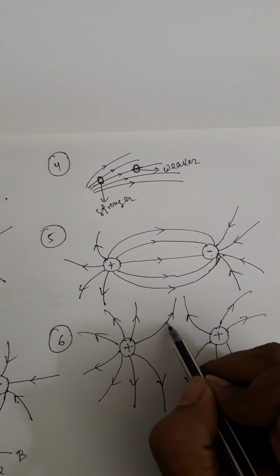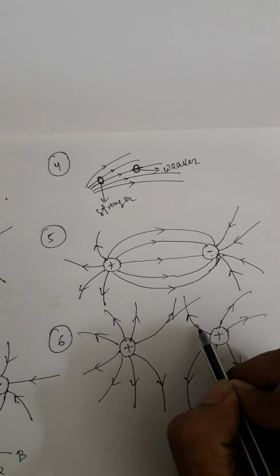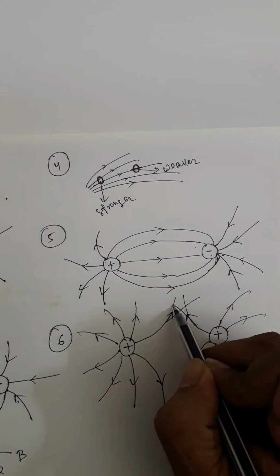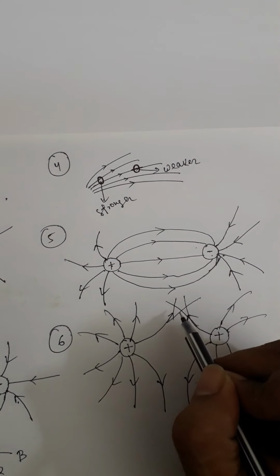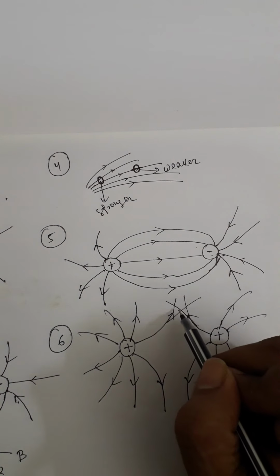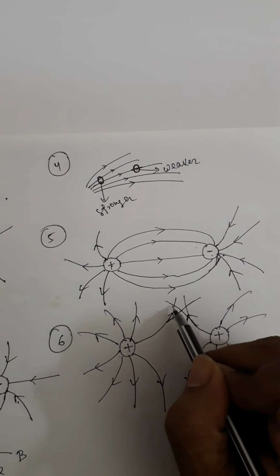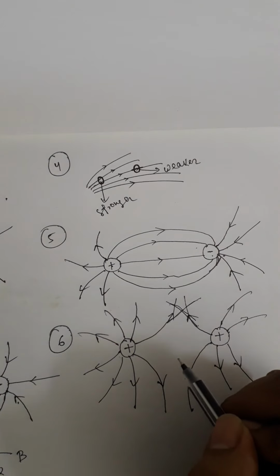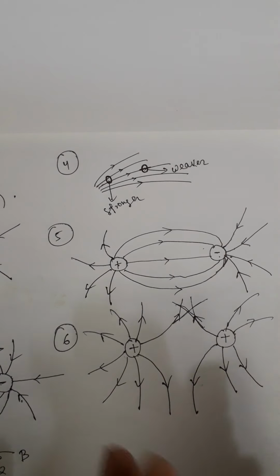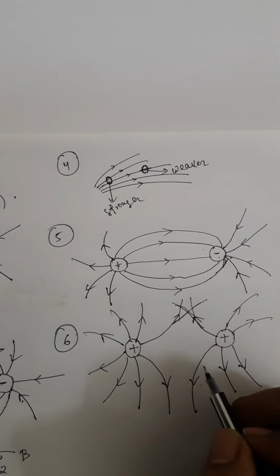These lines of force will not come to this side, and these lines of force will not come to this side because it is not allowed. It is not allowed that two lines of force will intersect each other. So it tends to exert lateral pressure sidewise.